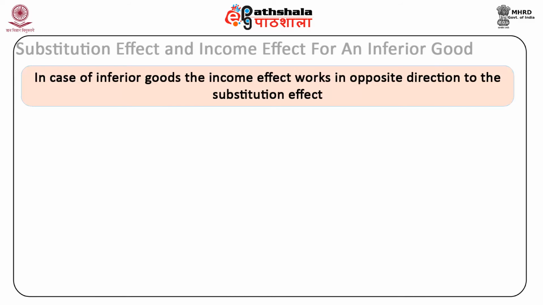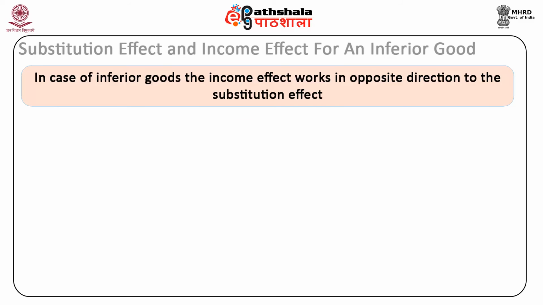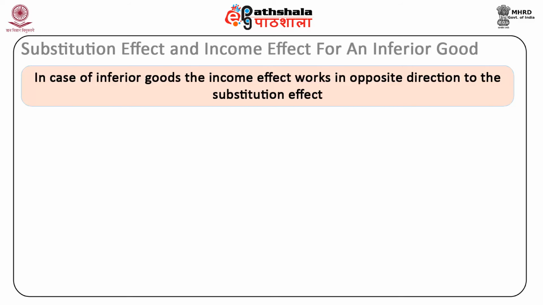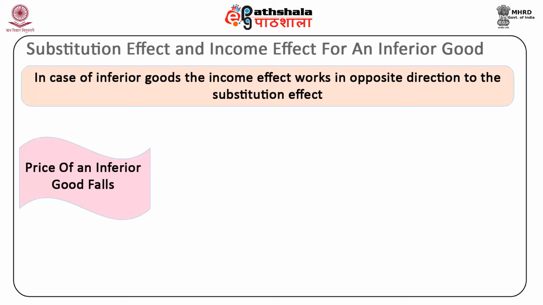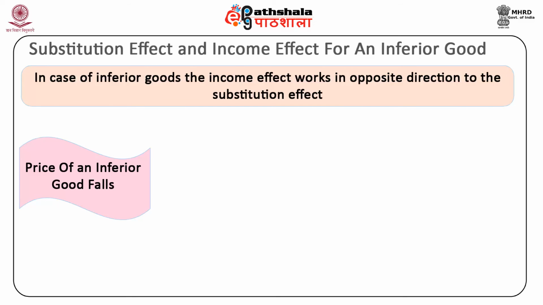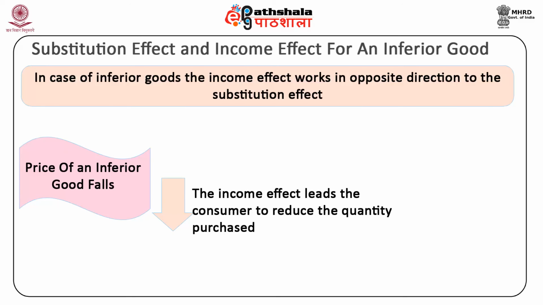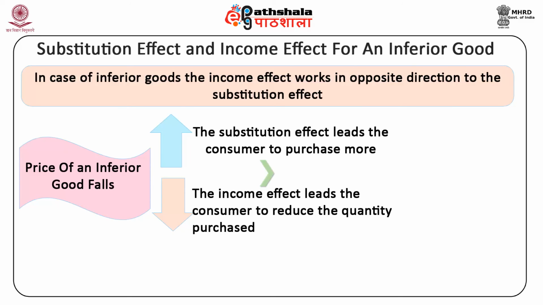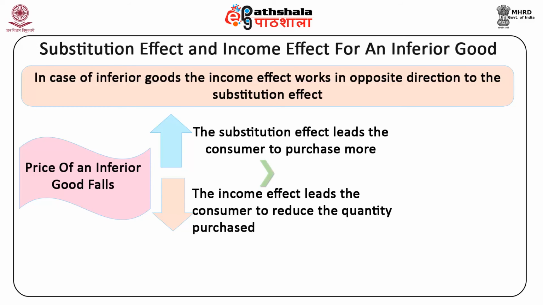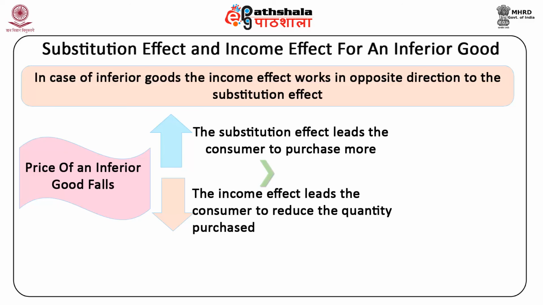But in case of inferior goods, the income effect works in the opposite direction to the substitution effect. That is, when the price of an inferior good falls, the income effect leads the consumer to reduce the quantity purchased, while the substitution effect leads the consumer to purchase more.